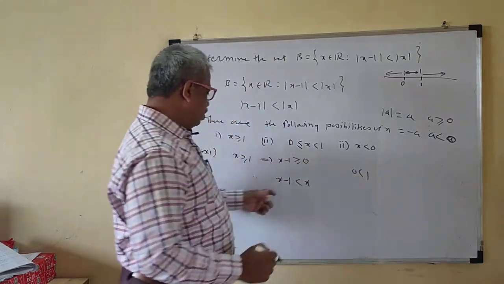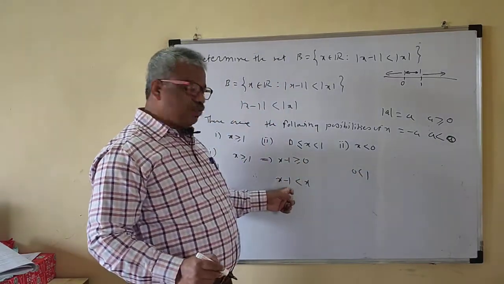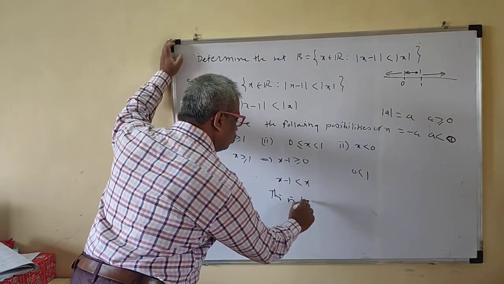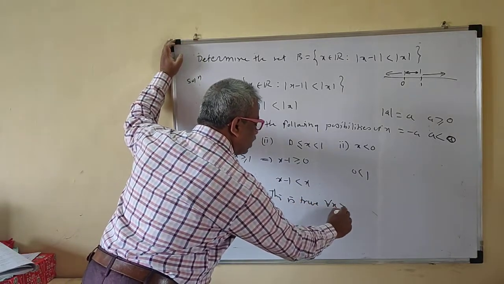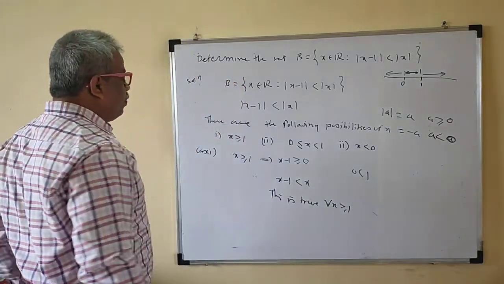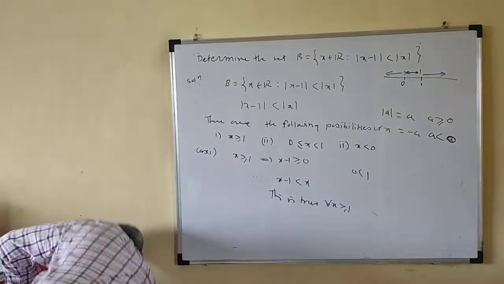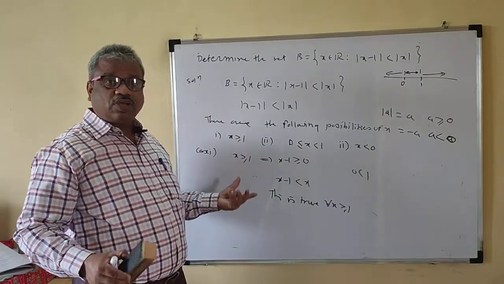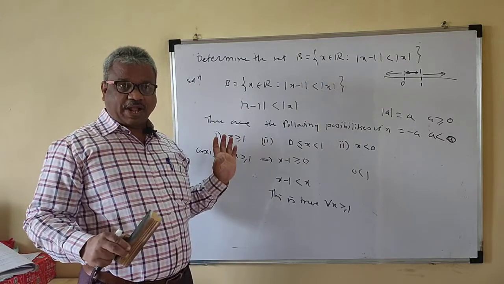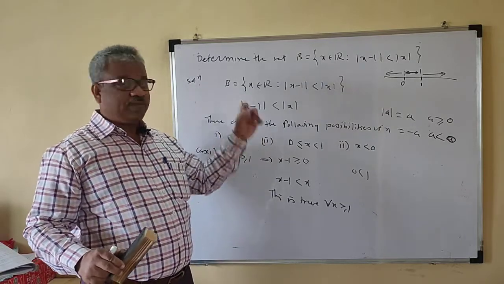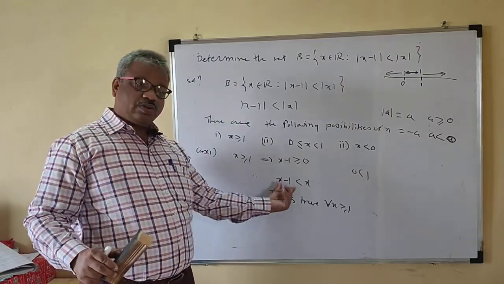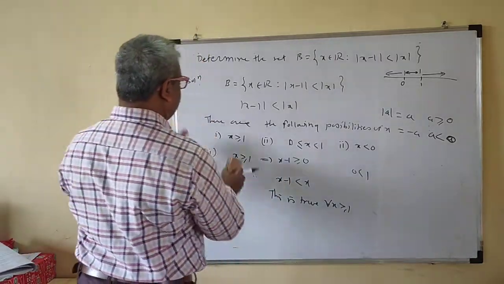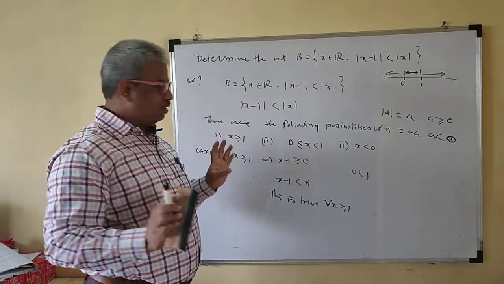If you consider 2, then 2 minus 1 is 1, so this is true. This is true for all x greater than or equal to 1. What you want is the values of x such that this is satisfied, that means this is valid. So for x greater than or equal to 1, x minus 1 is less than x is true, so x greater than 1 is possible now.